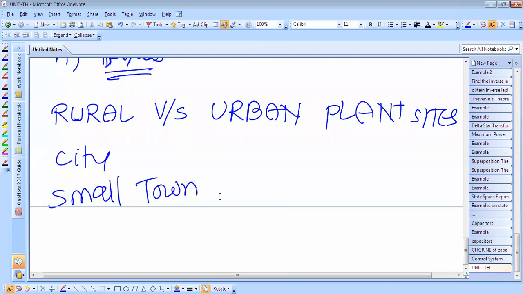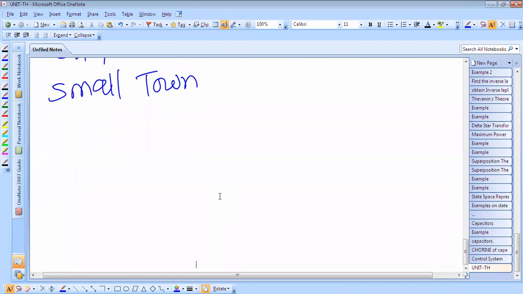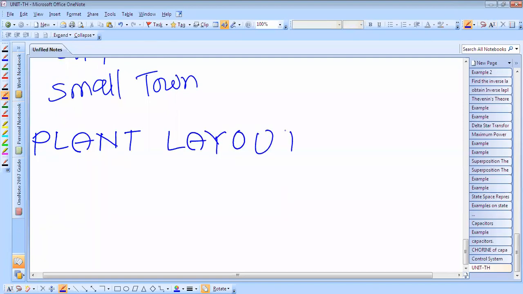Next is the plant location. We'll move to the plant location. Sorry, we'll move to the plant layout. We have discussed the plant location, so we have discussed what type of location should be for your plant.